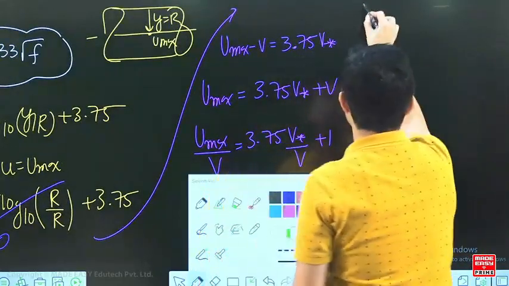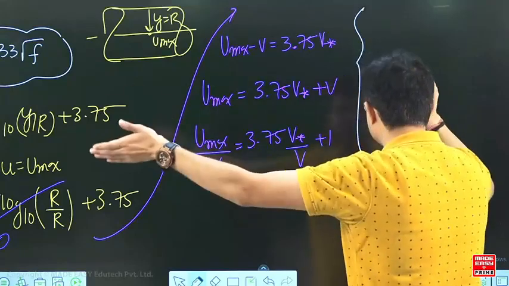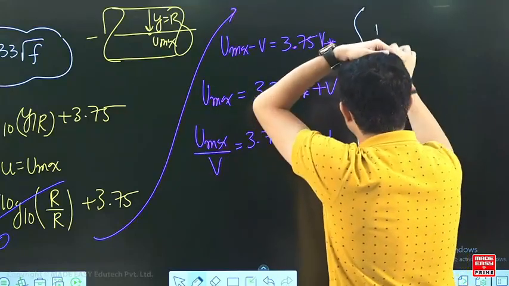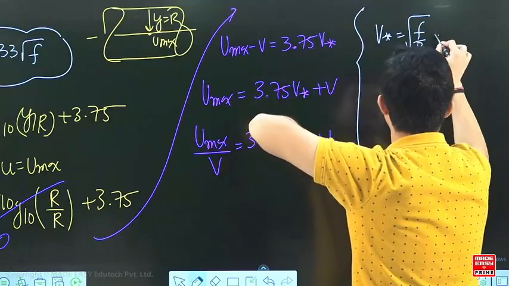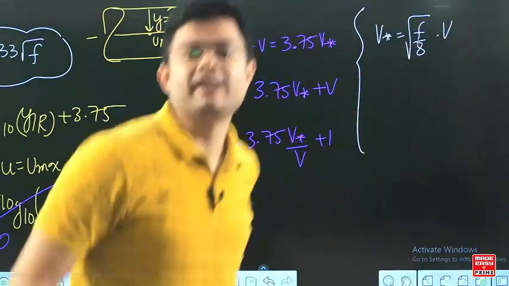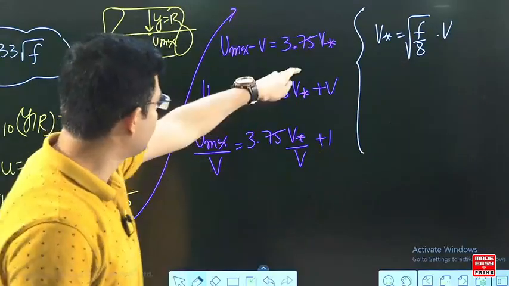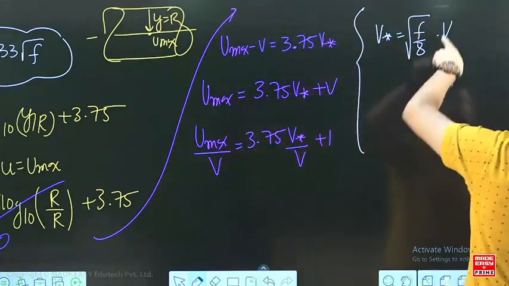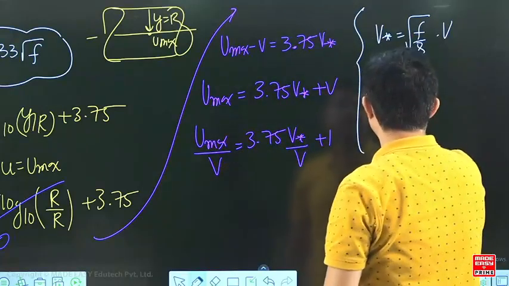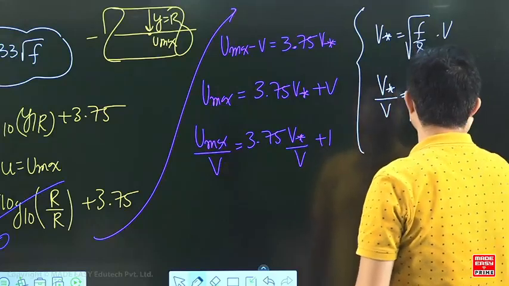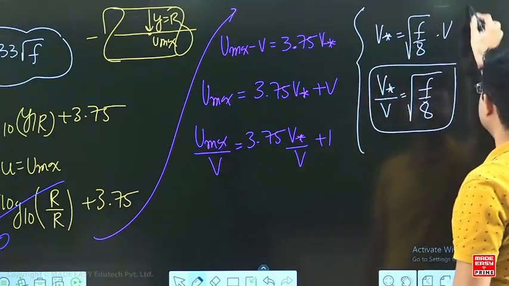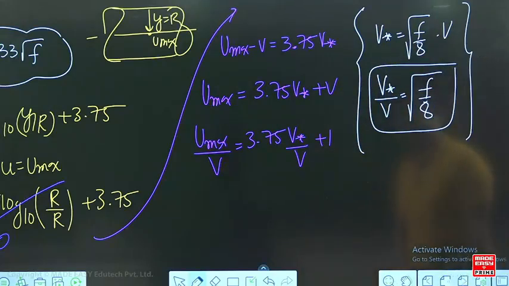Look here. Do you remember, just a few minutes back I told you that V star is under root of F by 8 into V. Shear velocity formula. So from here, V star by V will be under root of F by 8.